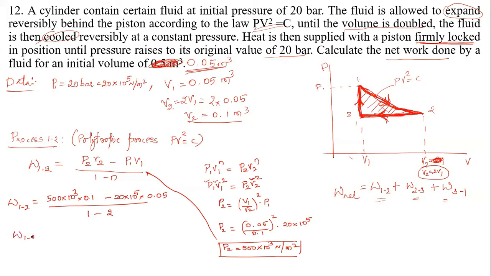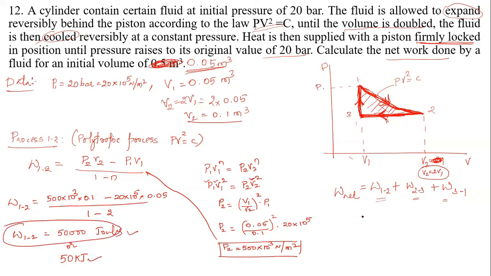Therefore, after substituting all these things, you will get W1 to 2 as 50,000 joules. Or else you can write 50 kilojoules. Both are correct, 50 kilojoules and 50,000 joules. This is W1 to 2.